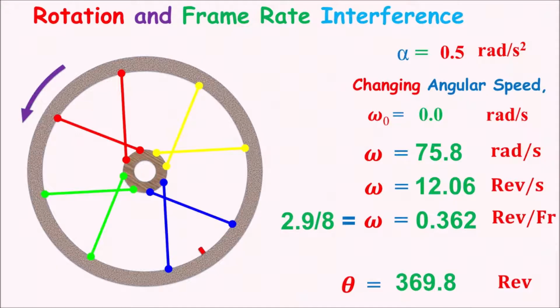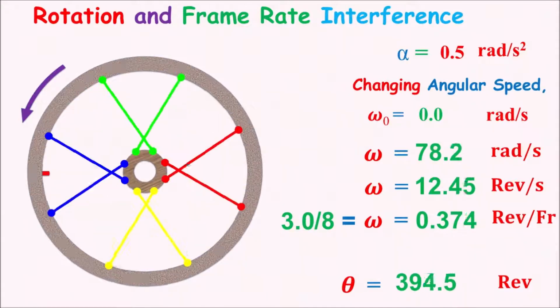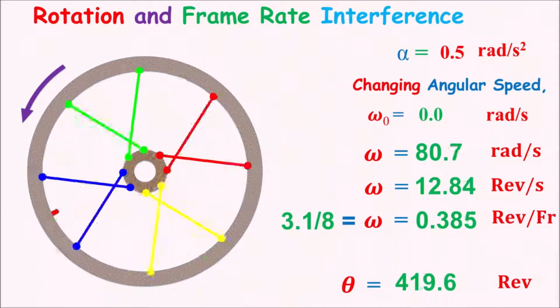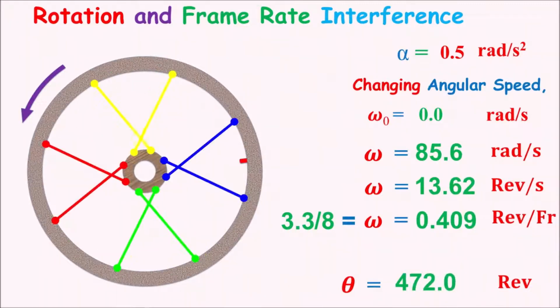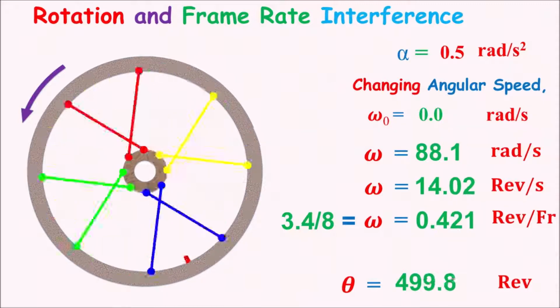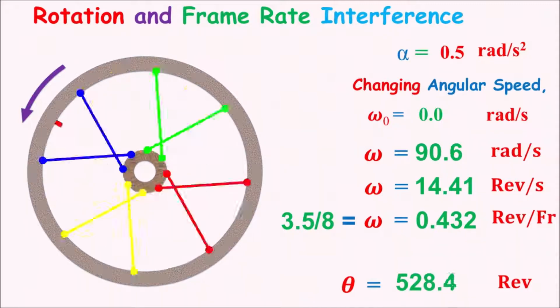Now approaching 3/8 of a revolution per frame, which is similar to 1/8 of a revolution per frame. Now we are getting close to 4/8 of a revolution per frame, which is half a revolution per frame. Look.